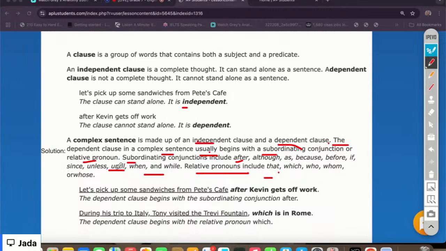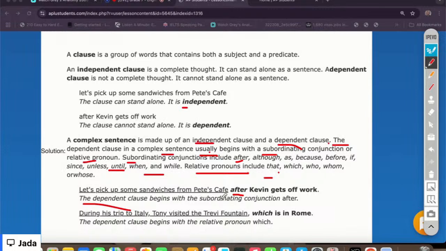Okay, so you have to take note of the complex sentence. Let's pick up some sandwiches from Pete's Cafe after Kelvin gets off work. All right. So after here is a subordinating conjunction. The dependent clause begins with a subordinating conjunction.